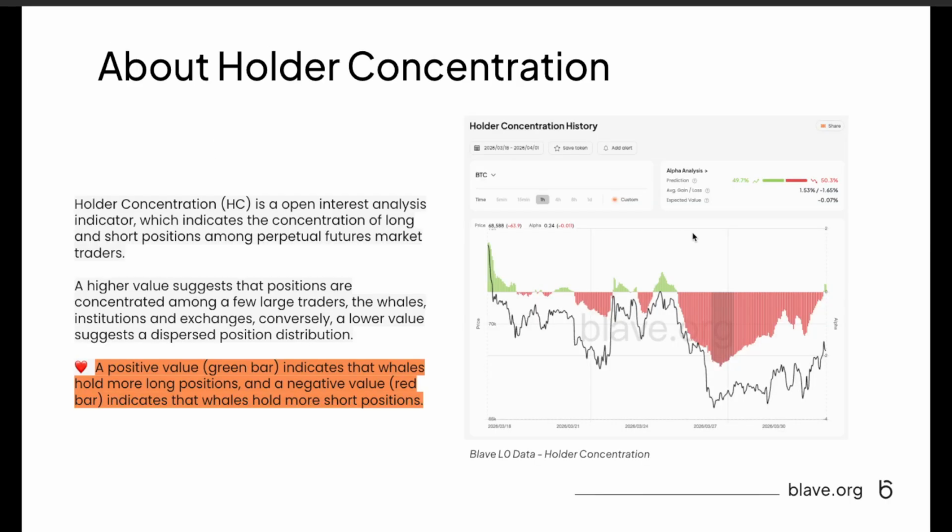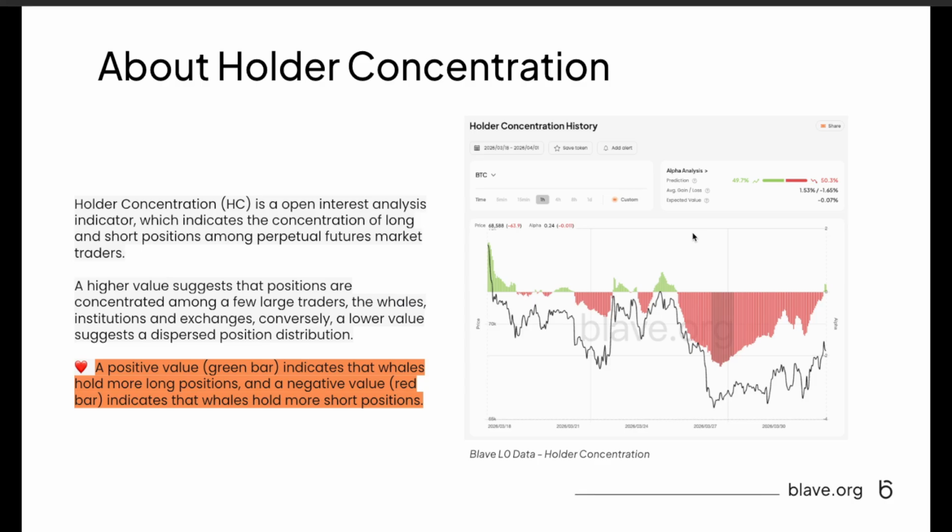So first, about holder concentration. What is holder concentration? It is an open interest analysis indicator, which indicates the holding concentration level of long and short positions among perpetual futures markets.